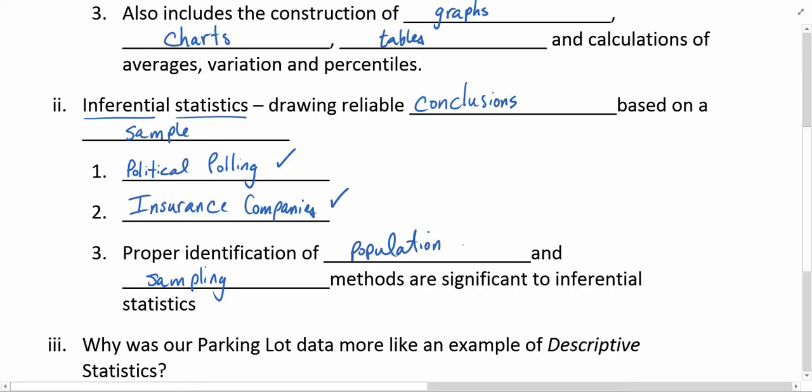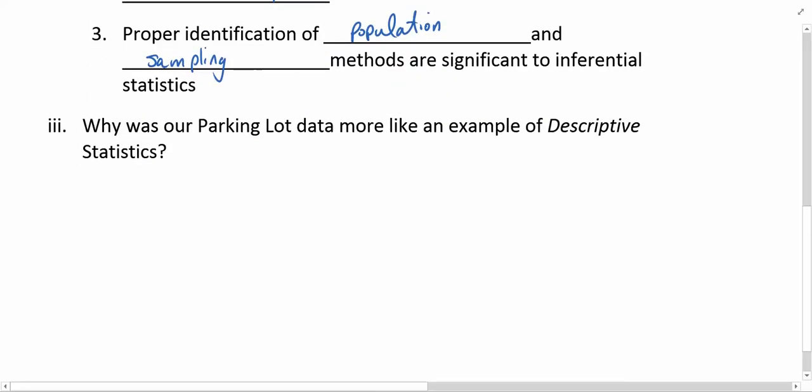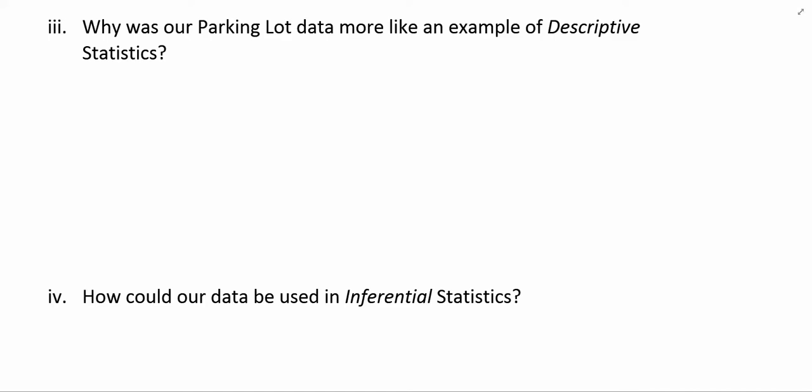If you have somebody that incorrectly identifies a population or incorrectly produces a sample of that population, then the inferential statistics that come from that data would be flawed and not usable. So sometimes there's more to a statistician's job than just simply doing the math. It's developing observational studies and experiments that go along with them.